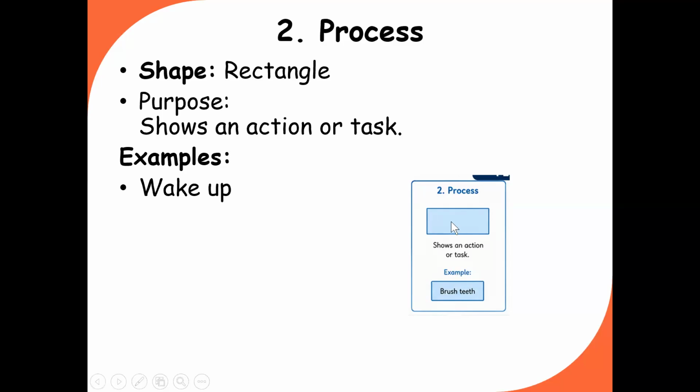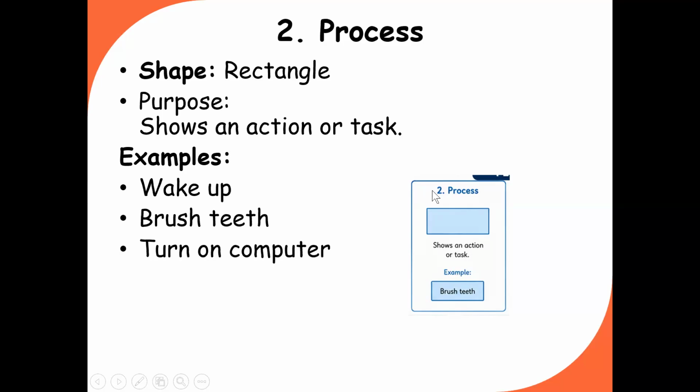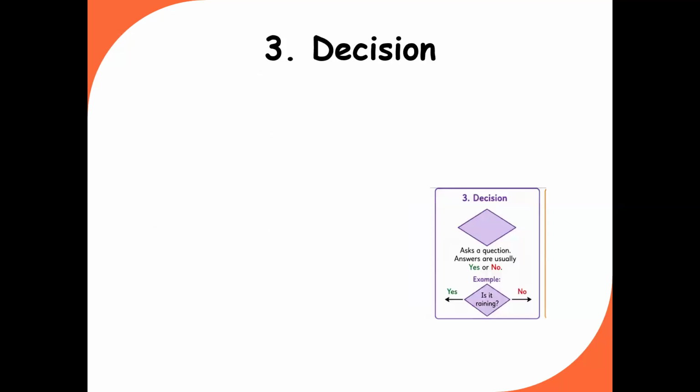Process in this place. Brush teeth. It's also an action. We use it in this rectangular shape. Turn on a computer. It's also a process. Enter a password. That is not a process; for enter a password, we use the parallelogram. The next one is decision.